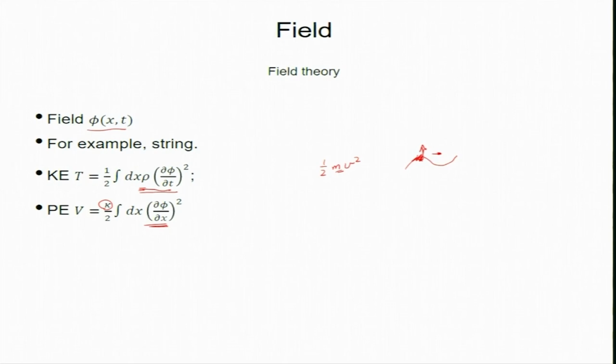So, that is the potential energy of the string. The total energy will be T plus V, but the Lagrangian is defined in a similar way, as T minus V, right.